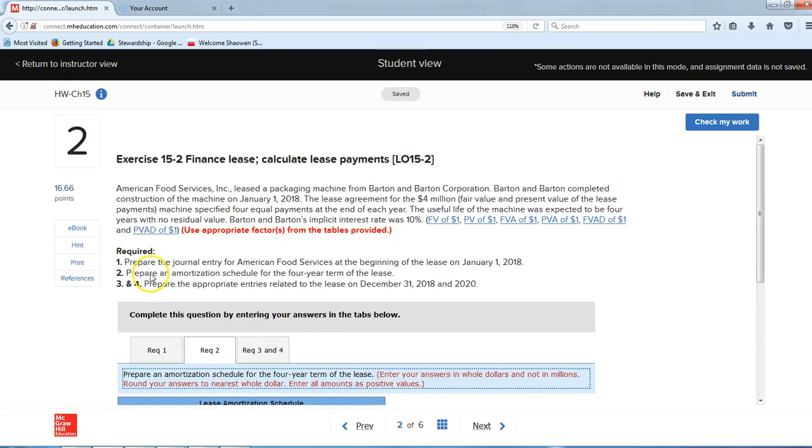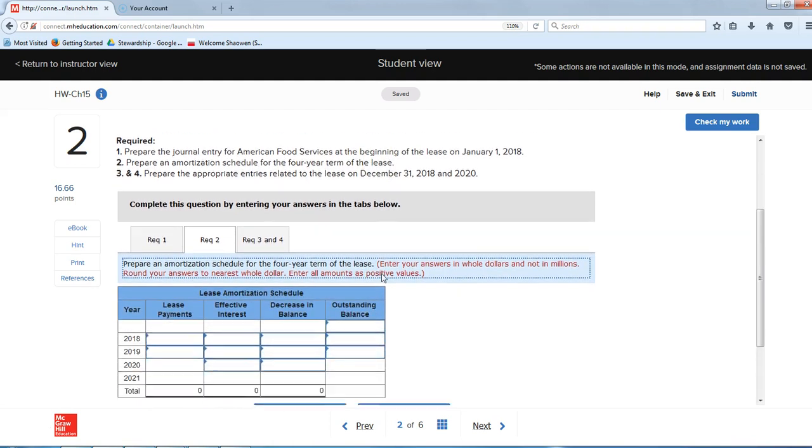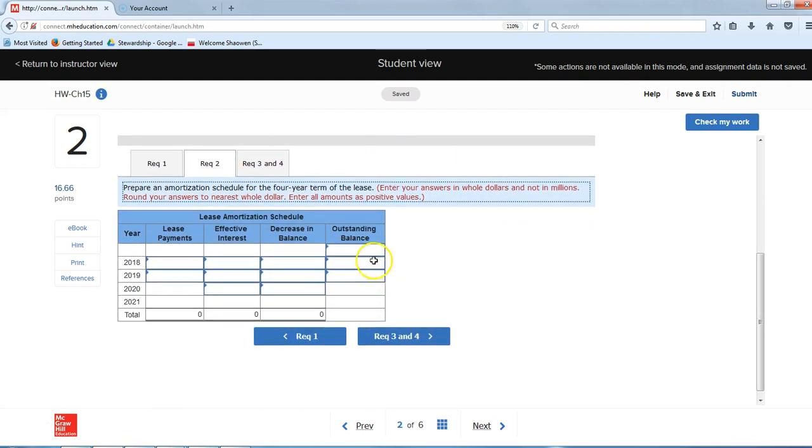The second requirement asks us to prepare an amortization schedule for the 4-year term of the lease. The amortization schedule will start from the right of use asset value and then gradually decrease to 0. To the lessee, this is an obligation, so by lease payments, they should reduce the obligation to 0.